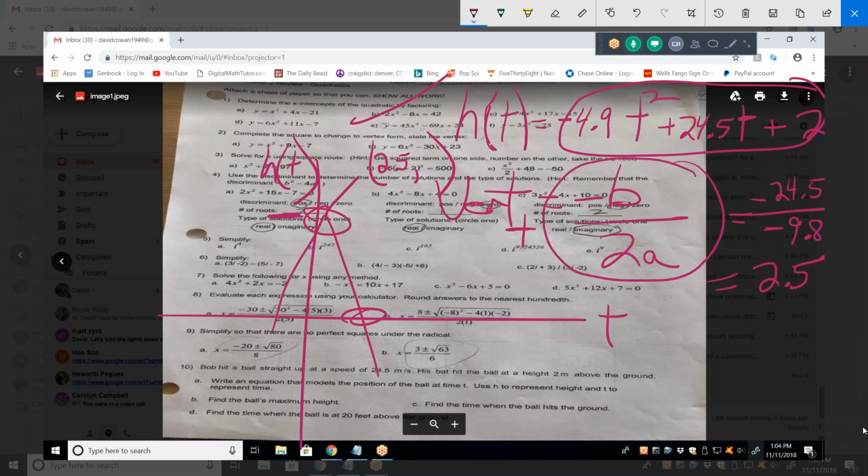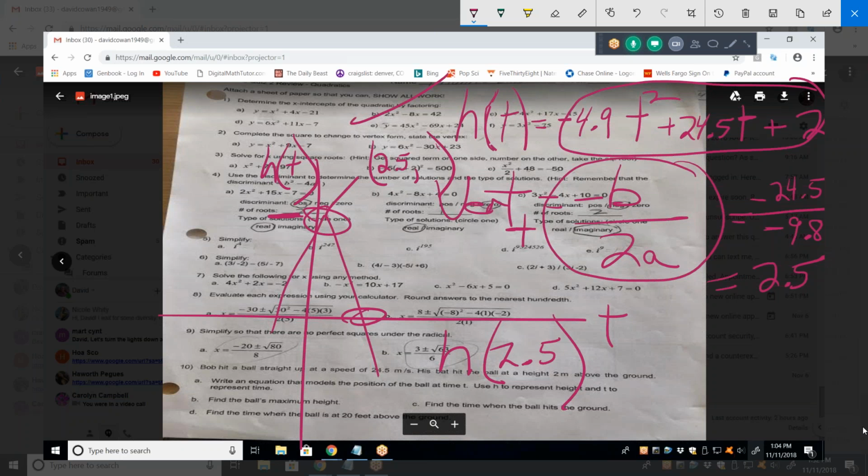But what they're asking for is the y-coordinate. So how do I get h of t for the vertex? Yeah, in other words, what I really want is h of 2.5, right? In other words, I want to know what the height is at 2.5 seconds.